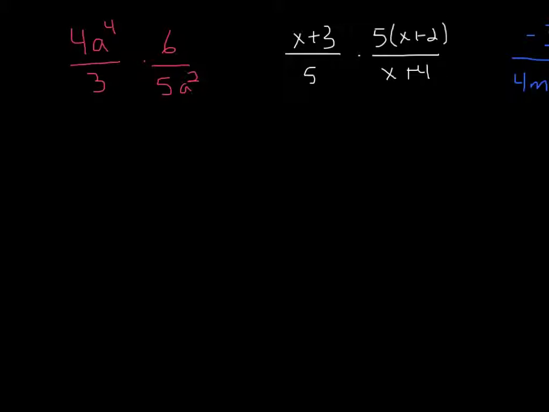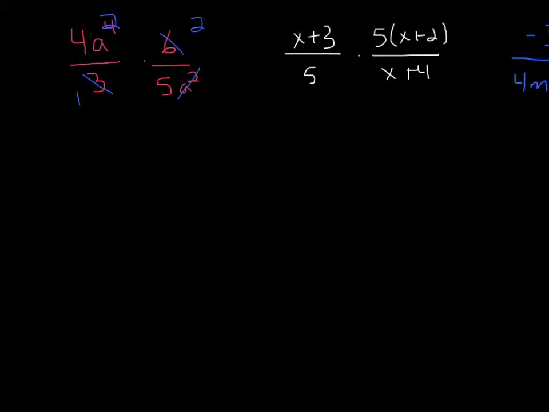Okay, so the first try this. We have 4a to the 4th over 3 times 6 over 5a squared. Okay, so we know that our 3 and our 6 can cancel. They become 1 and 2. And then look, we have a to the 4th and a squared. So these two a's down here will cancel out 2 of those up there.